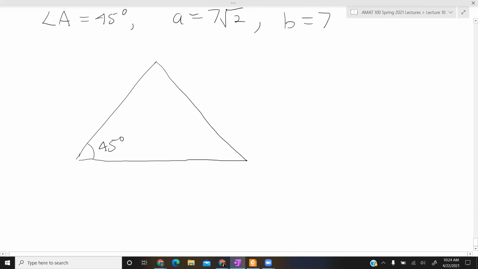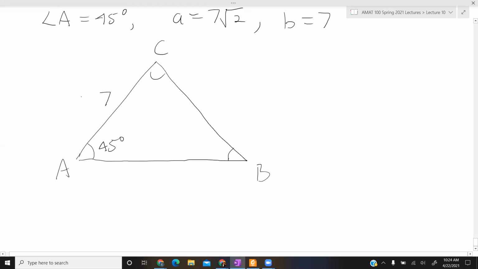We can apply the law of sines. We're given a, we're not given C, and we're not given B, so we need to determine these. In this case, we can't use the fact that the sum of the angles is 180 degrees, because to use that, we really need to know 2 angles, and that will help us determine the third.